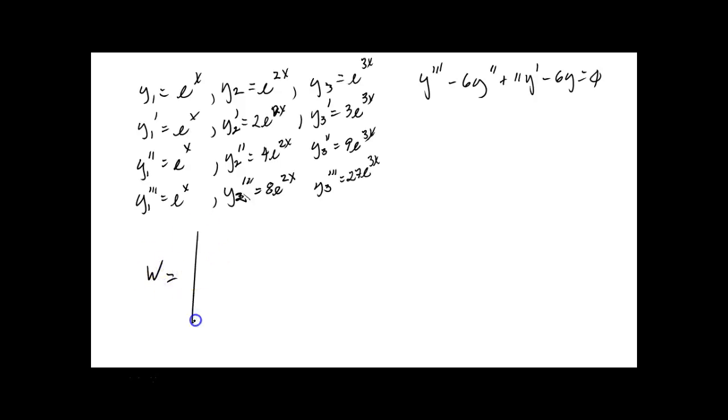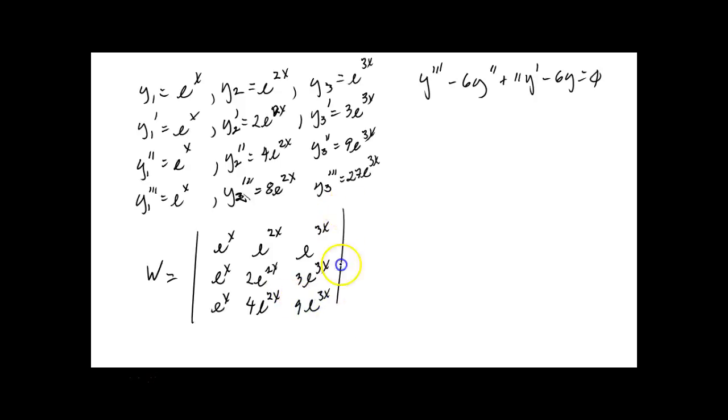The Wronskian would be, I'm glad I left these up here: e to the x, e to the 2x, e to the 3x; e to the x, 2e to the 2x, 3e to the 3x; and e to the x, 4e to the 2x, 9e to the 3x.